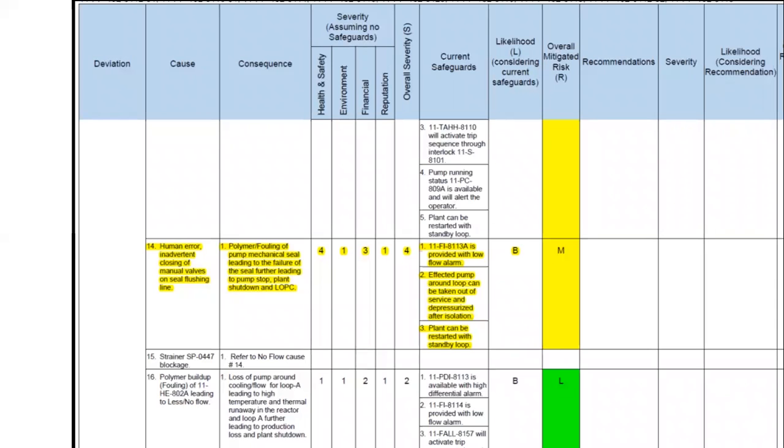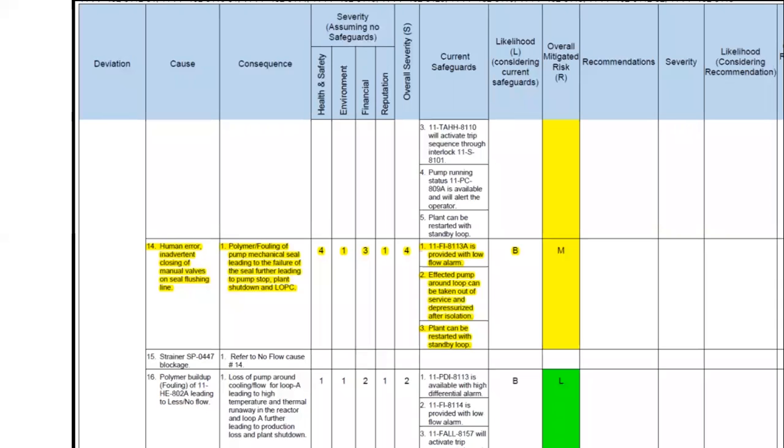For example, if the alarm is not independent of the initiating event or a SIF, for example, the alarm is on the same transmitter in which our SIF is present, then we cannot take the credit of that. The second thing, we have to check whether the operator will have enough process safety time to take the necessary action. If he has, then we can take the credit.